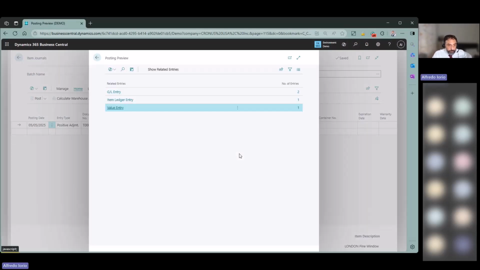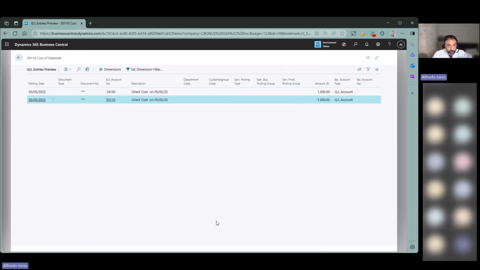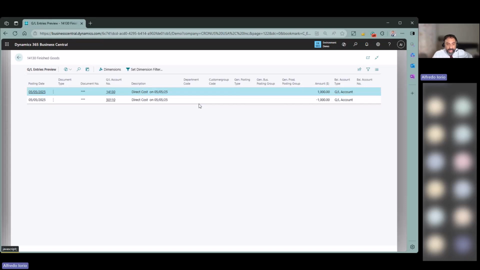If I try to post this journal, 2 entries will hit my ledger, right? I am adding inventory because it's a positive adjustment, and it goes to my finished goods. The mapping of the subledger to a general ledger, you can see that in action, right? Also, why posting groups are not for reporting.